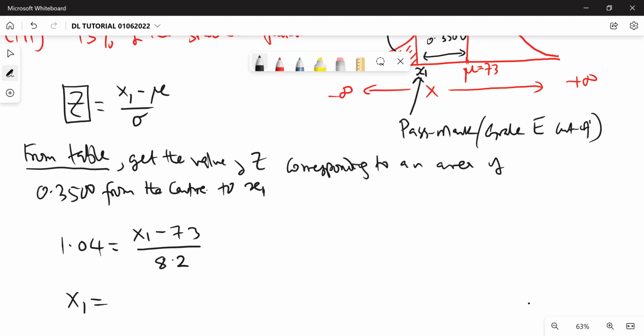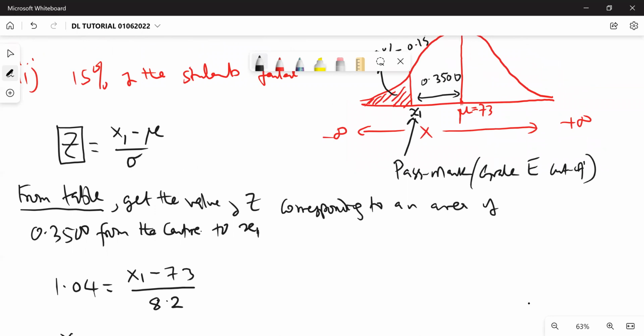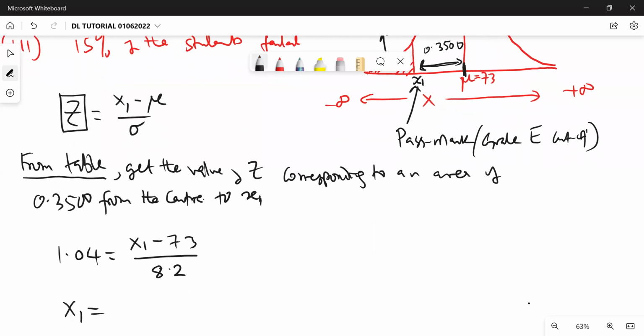Sorry, there's a problem here. The value of Z that we are getting here is below the mean. So since the value is below the mean, this value of Z will be a negative, not plus. Because the value is below the mean, it will be a minus. So that means we'll be having minus 1.04 times 8.2, which is a minus something.